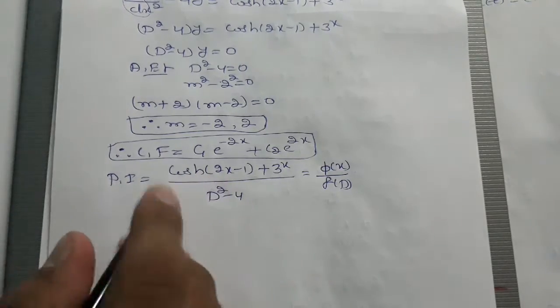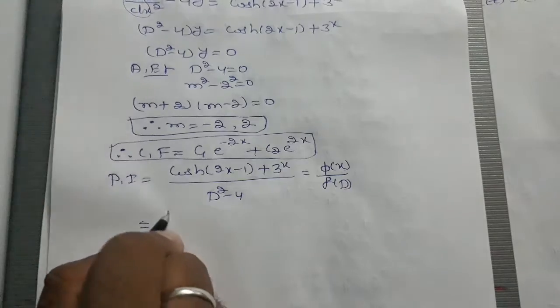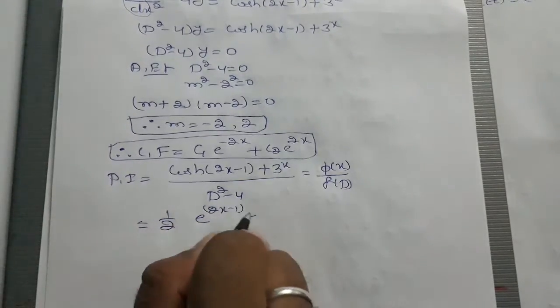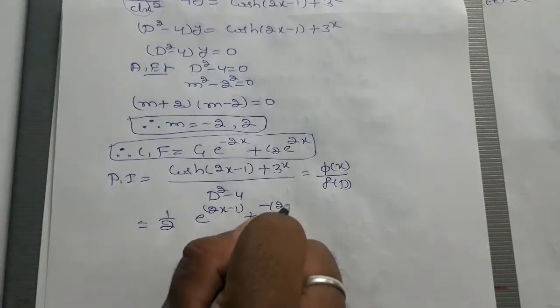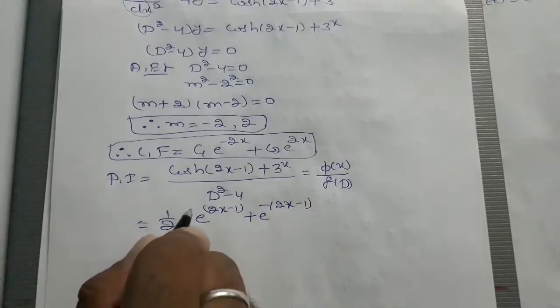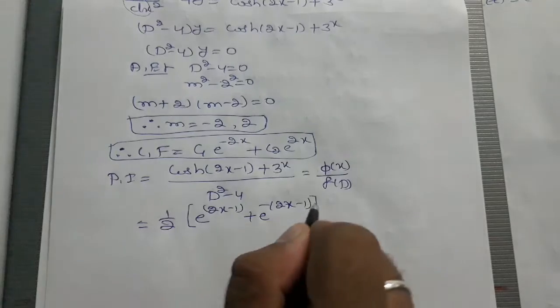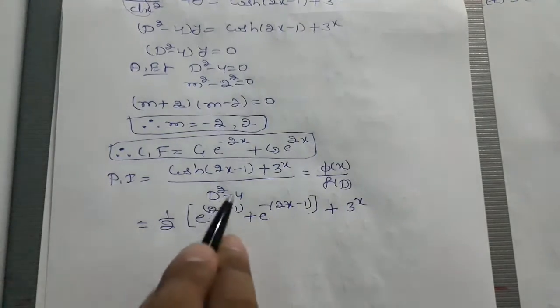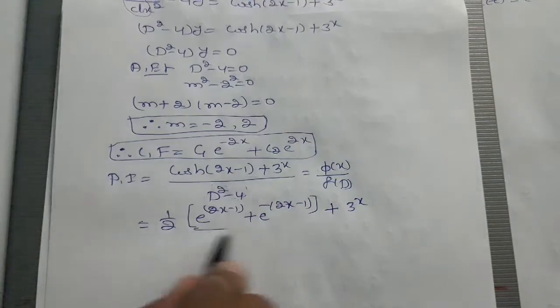Cos hyperbolic means 1 by 2 into e to the power of 2x minus 1 plus e to the power of minus 2x minus 1, plus 3 to the power of x, and separately you divide by this function.